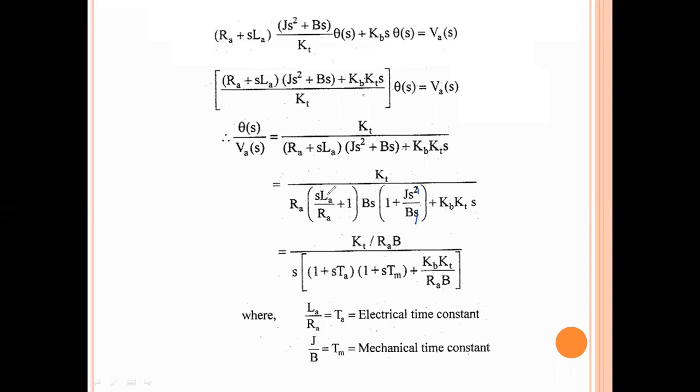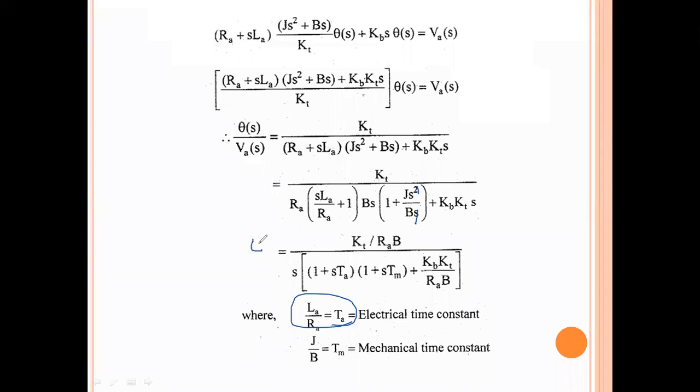So 1 plus S into this LA by RA is represented as TA, where TA gives the electrical time constant. And similarly this J by B, 1 plus S into Tm. J by B is represented as Tm, where Tm is the mechanical time constant.